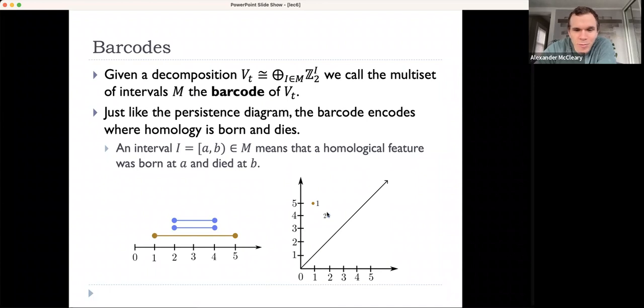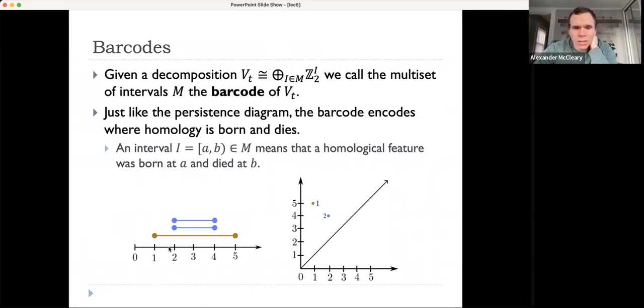Let's look at this persistence diagram on the right. We can interpret this persistence diagram as meaning that there were two features that were born at 2 and died at 4. If we look at this blue circle, the 2 there means that there were 2 features that were born at 2 and died at 4. And then we have a 1 at 1 and 5, which tells us that 1 feature was born at 1 and died at 5.